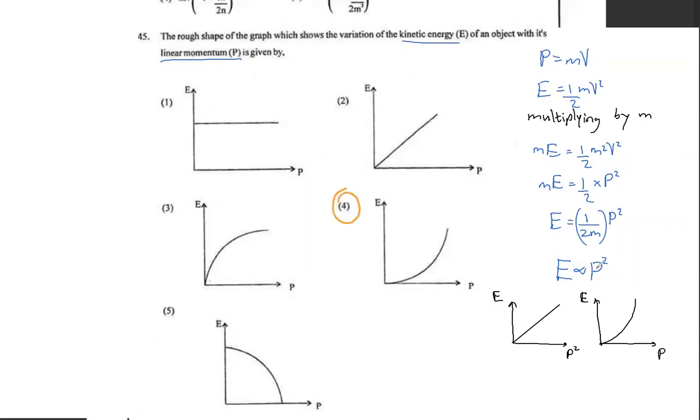Because when you increase P 1, 2, 3, 4, 5, E will increase 1, 4, 9, 16, 25. So E will increase fast like this. The answer is the fourth one. In case they had given E versus P squared, the second is correct.